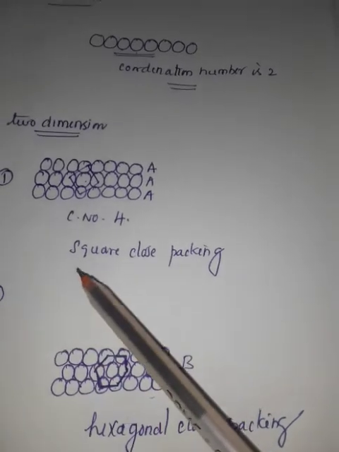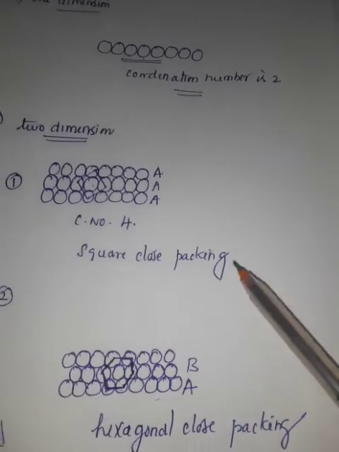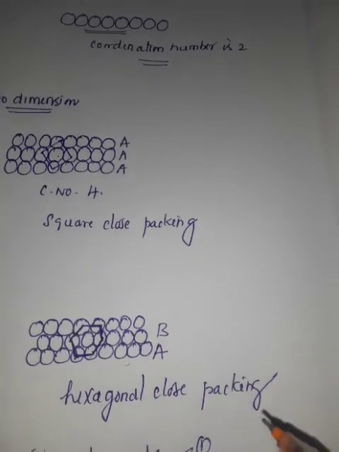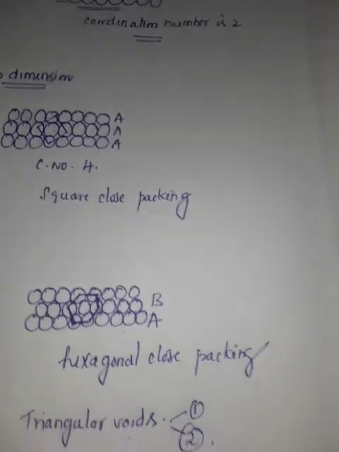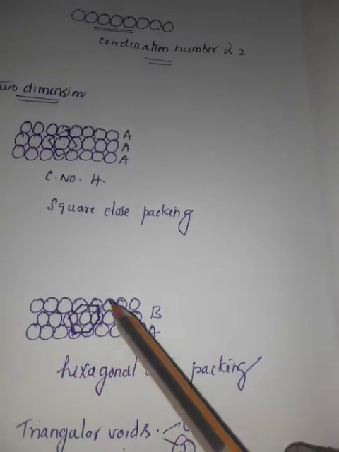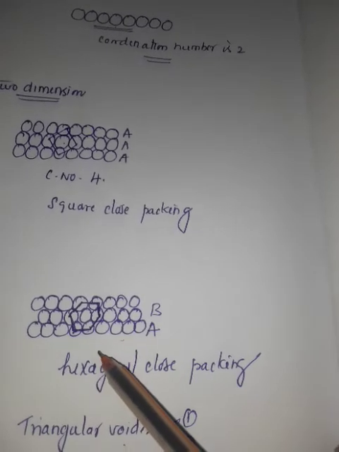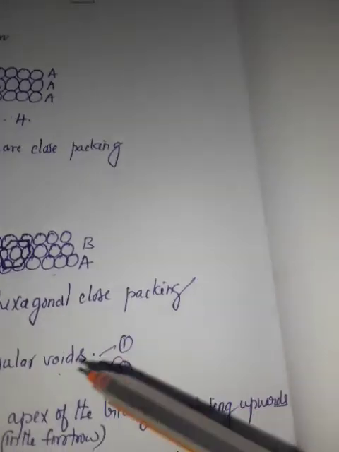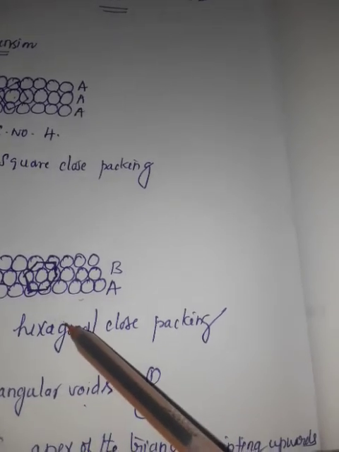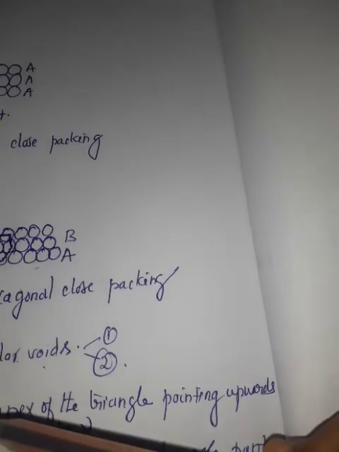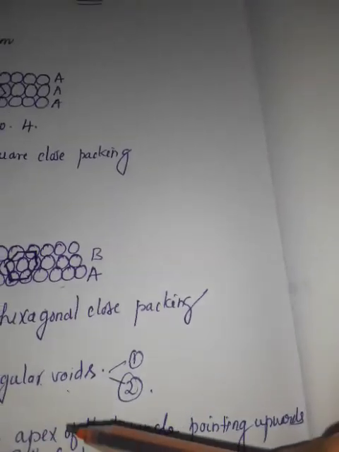The first one is square close packing, coordination number 4. The second one is hexagonal close packing, coordination number 6. If we join the centers of the spheres, we get a hexagon. Here only triangular voids are seen, and they are of 2 types. One is the apex of the triangle pointing upwards. In the next row, the apex of the triangle is pointing downwards.